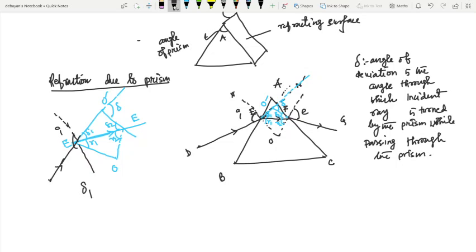Since this angle is I, we can write that angle I is equal to delta 1 plus R1, or delta 1 can be written as I minus R1.